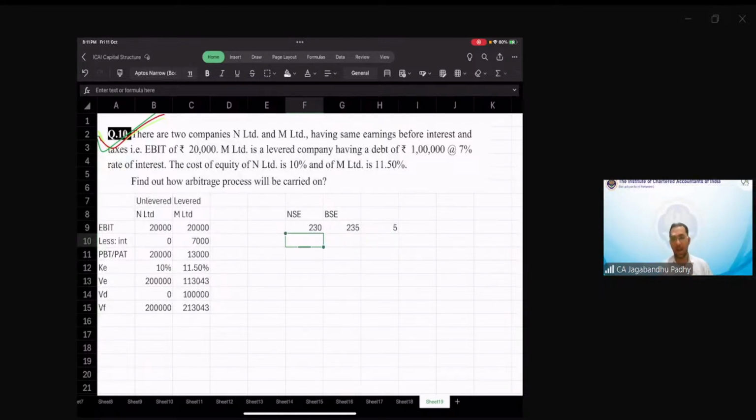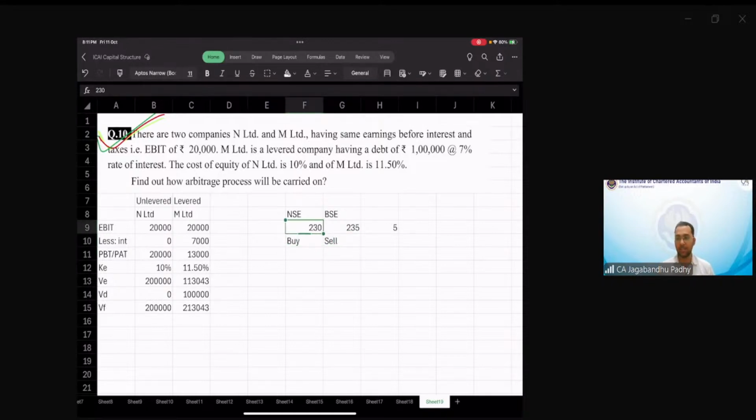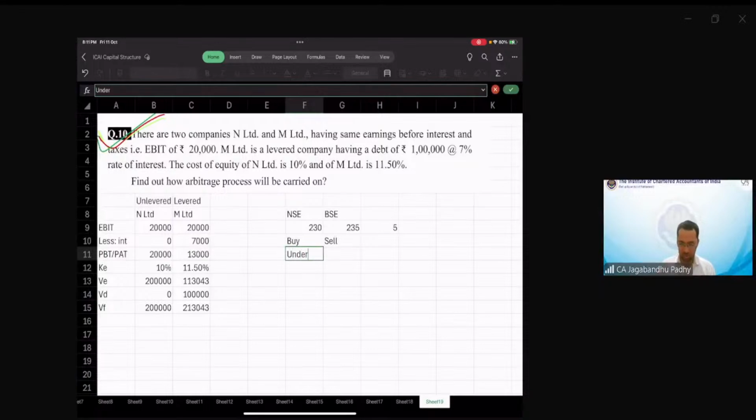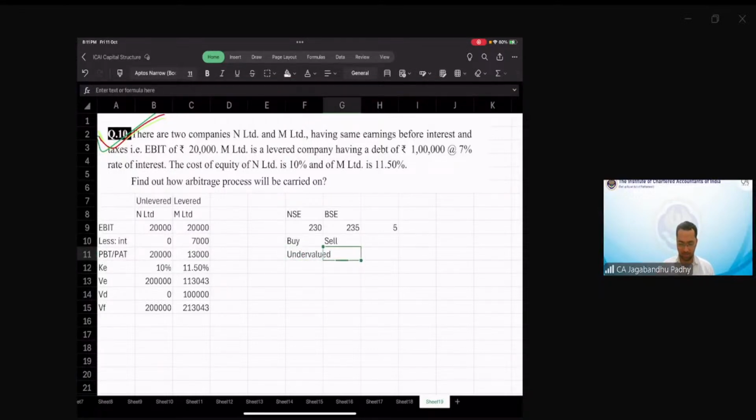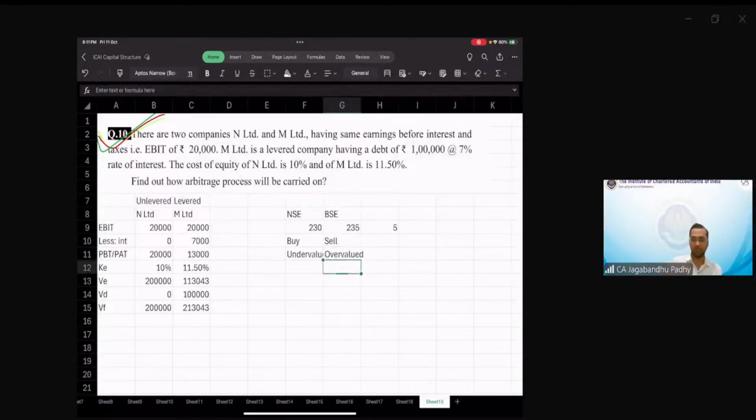It means in the arbitrage strategy, we are going to buy here and we are going to sell here. Why did we buy this? Because this was undervalued. And why did we sell this? Because this was overvalued. So NSE, we bought it because it was undervalued. BSE, we sold it because it was overvalued.